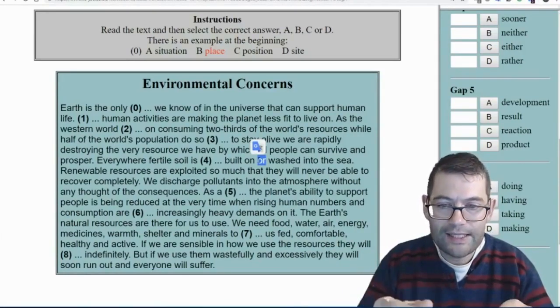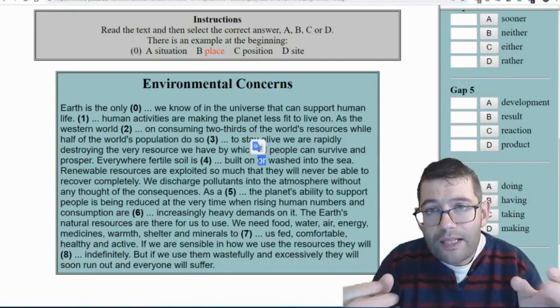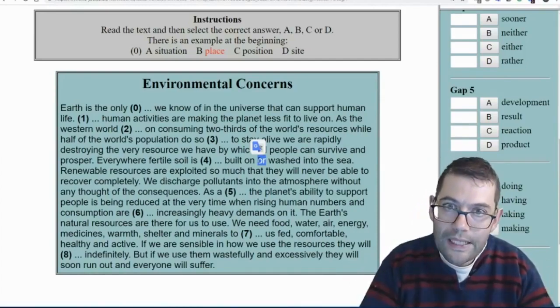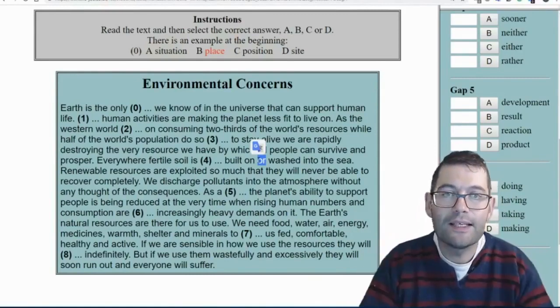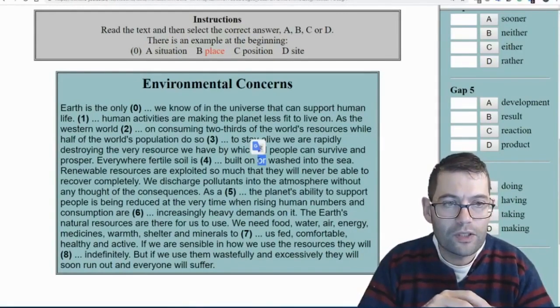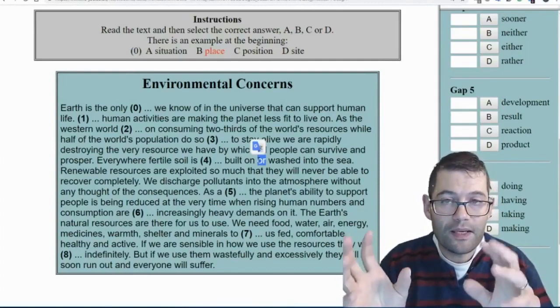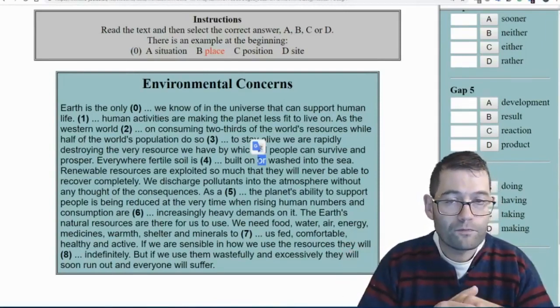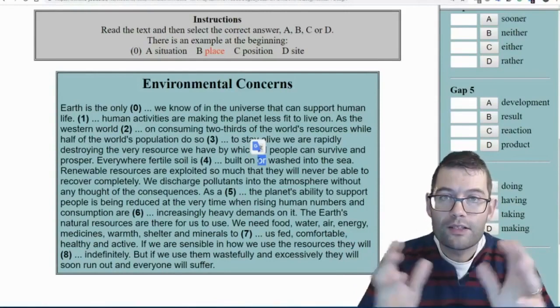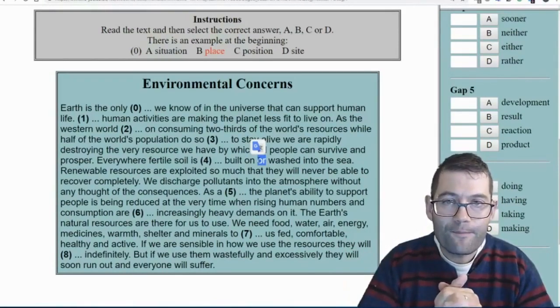Now, we can say sooner or, but normally the collocation would be sooner or later, and that language pattern isn't here, so the answer is not sooner. We can't say neither because, of course, grammatically it would be neither nor, not neither or.